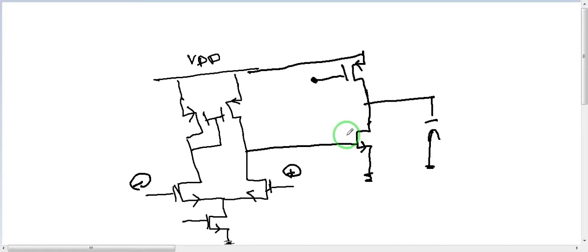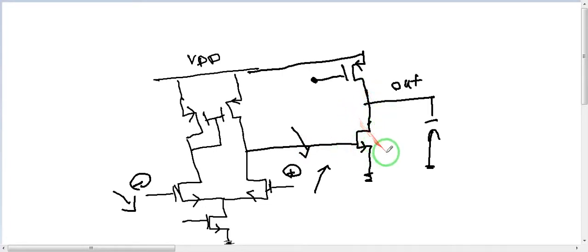The problem with this kind of op amp, and the idea is very conventional, is that, for example, assume that we are going to charge the op amp, and this guy goes up and this goes down, so this one will go down, and as you can see this one is going to be off.